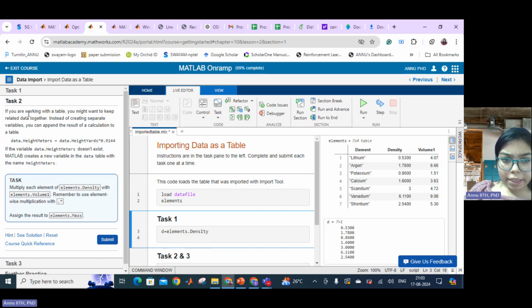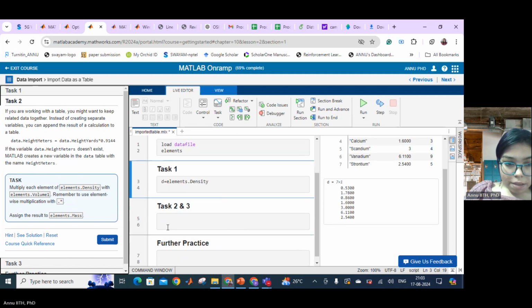Now, if you are working with a table, you might want to keep the related data together. Okay. So instead of creating separate variables, you can append the result of a calculation to a table. So like this, we can actually calculate and put in the table. So multiply each element of the element density with this one and assign it.